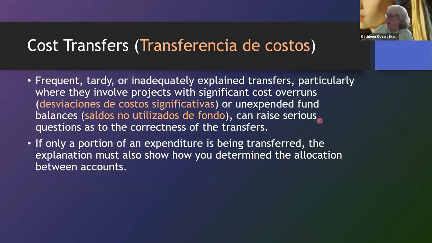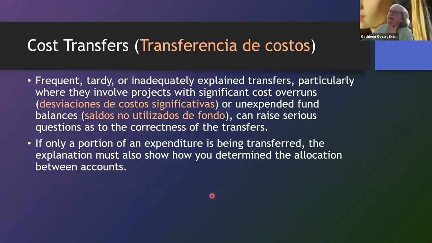Likewise, if you have a large balance remaining, those are also red flags. And so that raises questions. The auditors will question if you're transferring to try to fix some of those things, whether something is not spent or it's overspent. That is a red flag, and auditors often will look at that very, very closely.